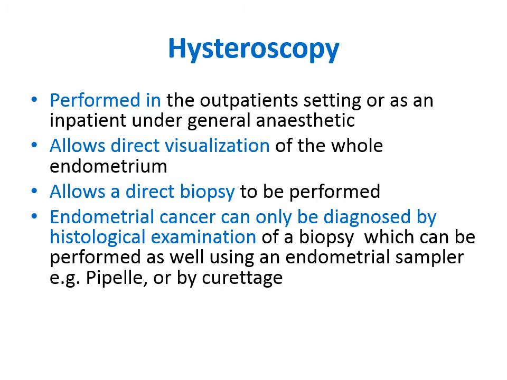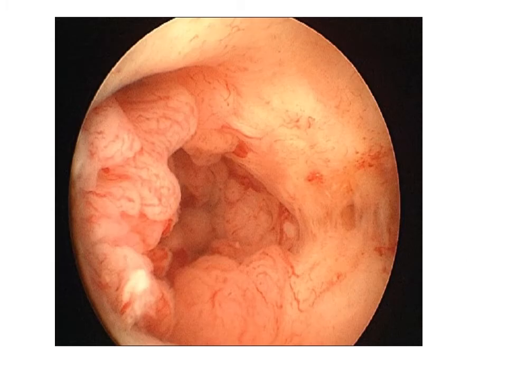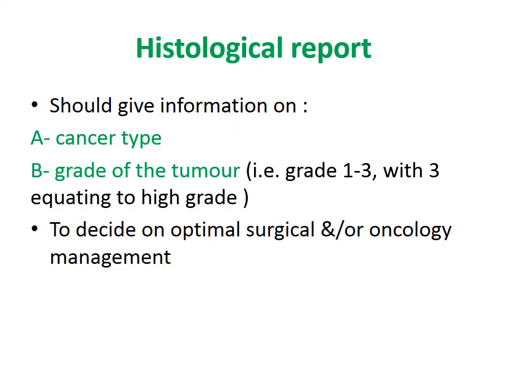But if this facility is not available, other ways of sampling the endometrium can be applied, for example, using a pipelle in the outpatient setting, or under general anesthesia by doing dilatation and curettage. And this picture illustrates a hysteroscopic view of an endometrium. As you see, there is an abnormal thickening of the endometrial lining.